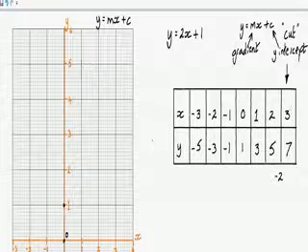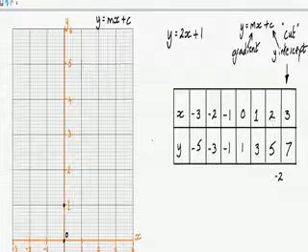So where x is 3, y is 7. So I go along the corridor to where x is 3, and I go up the stairs until y is 7. Now that's off the graph, so I can't plot that point. Not the end of the world.